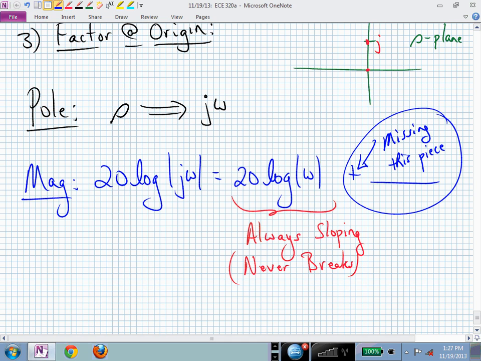Now I just need to walk up and plop that somewhere on my Bode plot. Where do I put it? I know it's just this line that's always sloping. Now what we can do is we can just pick a convenient value of omega and say, oh, I can locate that sloping line.